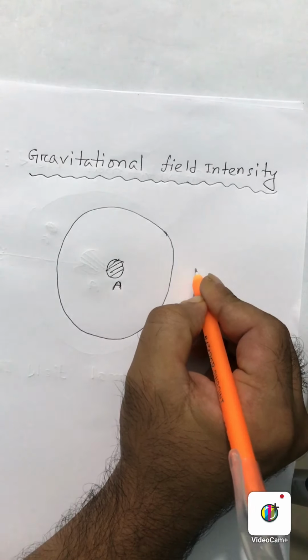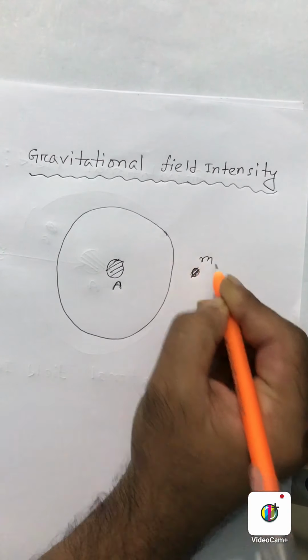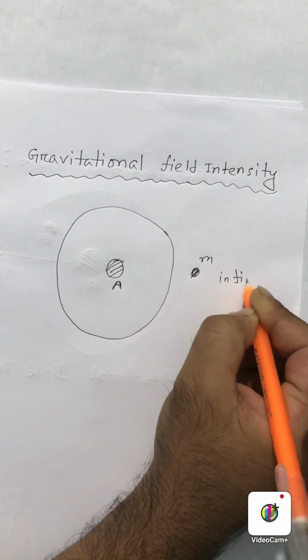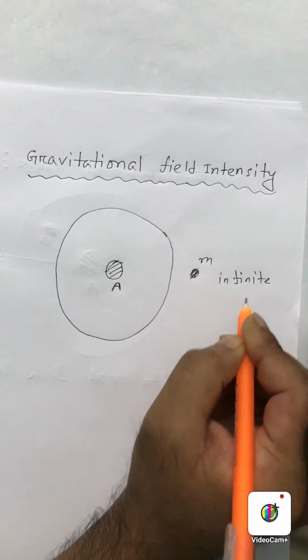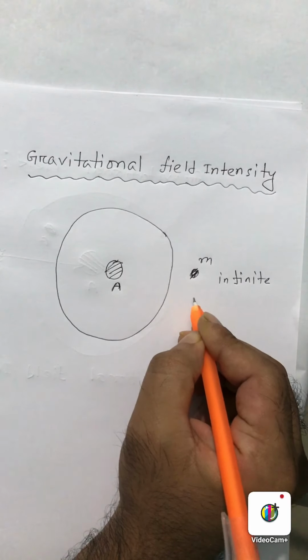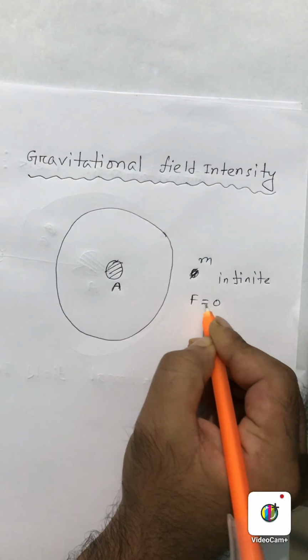An object of mass small m is at infinite distance. At this point, the gravitational attraction force F will be 0.